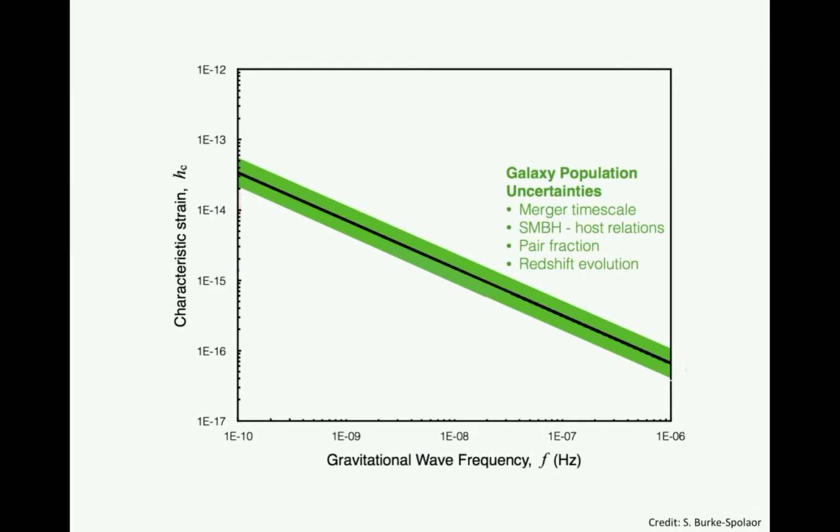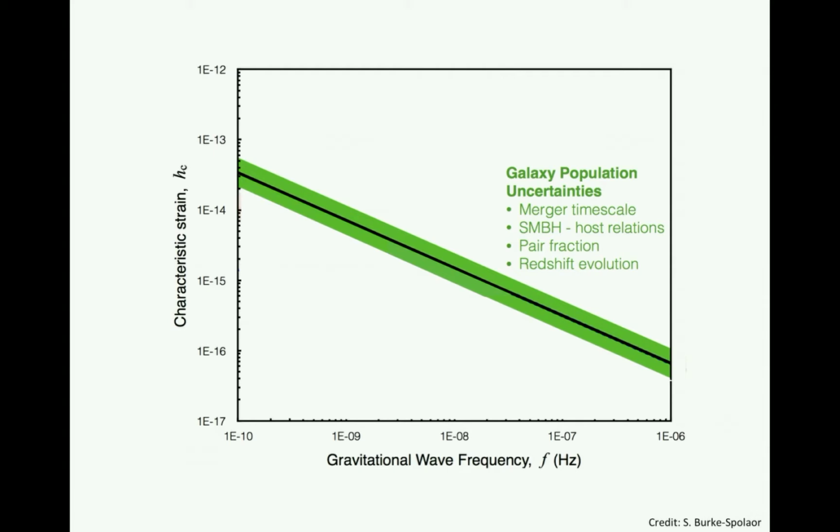The green region shows typical galaxy population uncertainties. These include uncertainties in the merging timescales, how long a merger takes, uncertainties in what the supermassive black hole mass relation is to various host galaxy parameters.